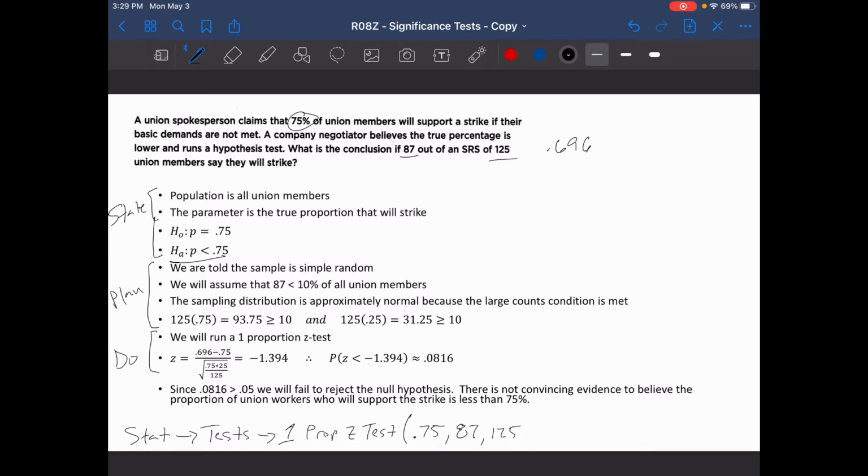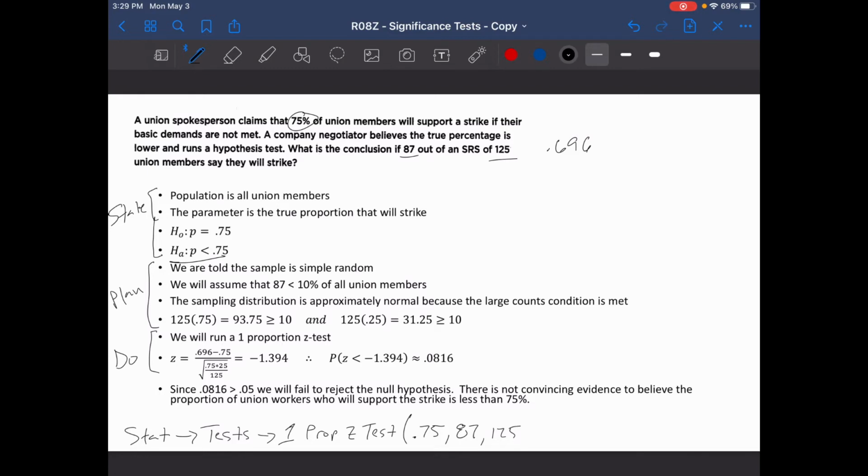We are checking to see whether or not it is less than our actual proportion, our p of 0, basically. So the alternate hypothesis is less than our null hypothesis in this case, so that would be less than p of 0, and then we would calculate.